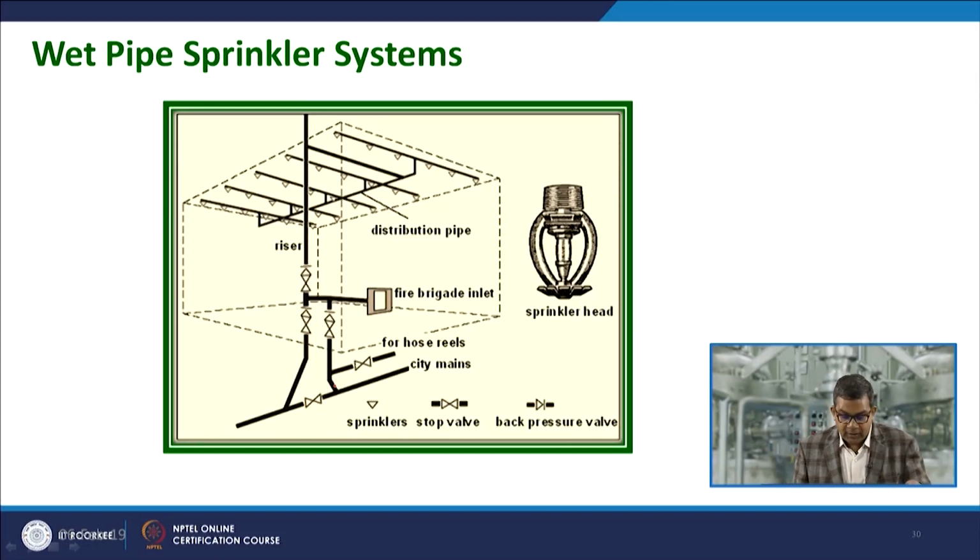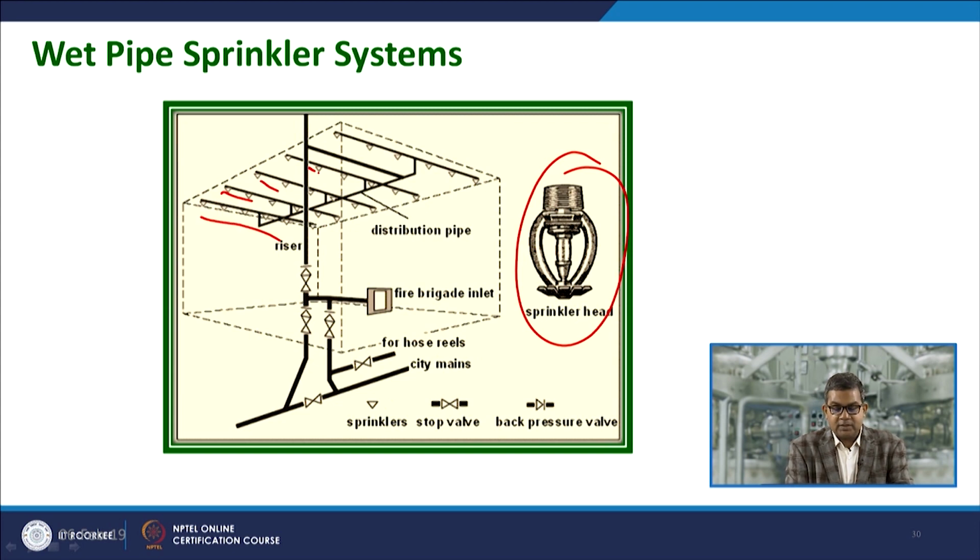Now, you can see in this particular figure, this is the wet pipe sprinkler system. This is the sprinkler head, and you can see the different array of the wet pipe sprinkler system. You may find it in a multi-storied car parking, where you find red pipes attached to the sprinkler system. So, these are the distribution pipes.